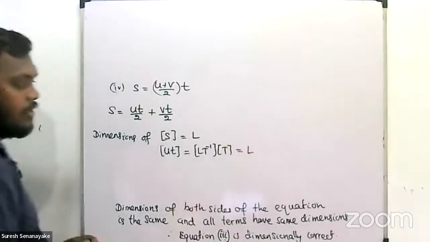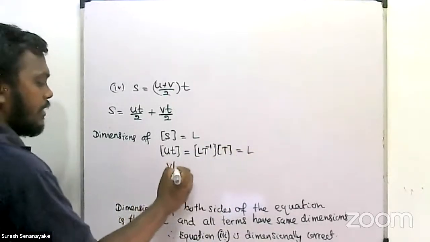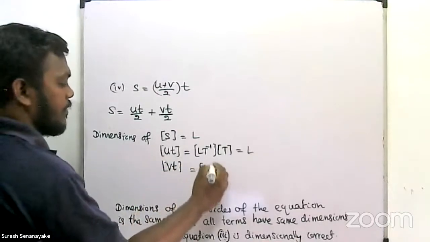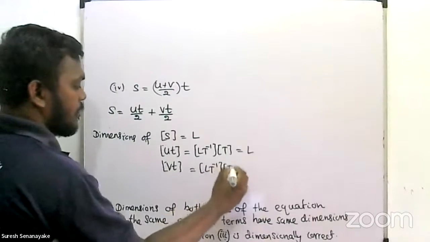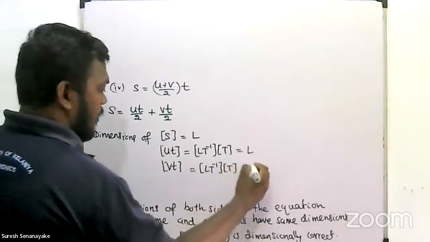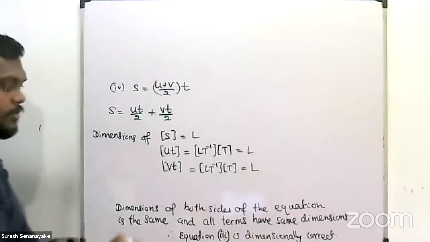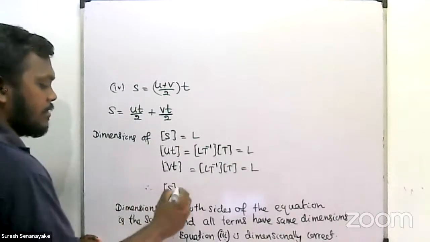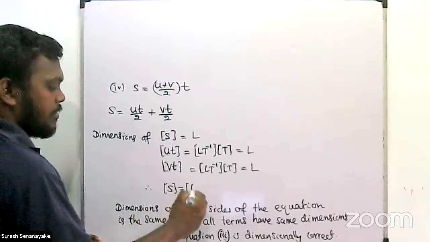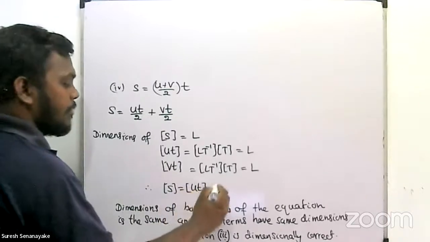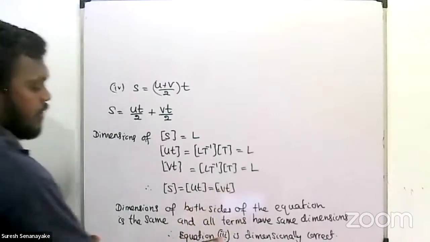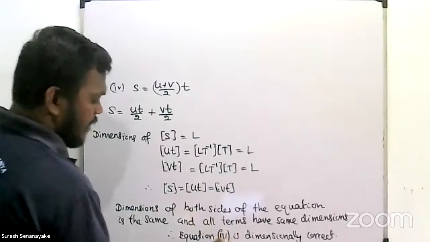The vt term is also similar to this, because this is velocity and product of time, so it is also L. So here the dimension of S, the dimension of the ut term, and the dimension of vt are the same. So this equation is also dimensionally correct.